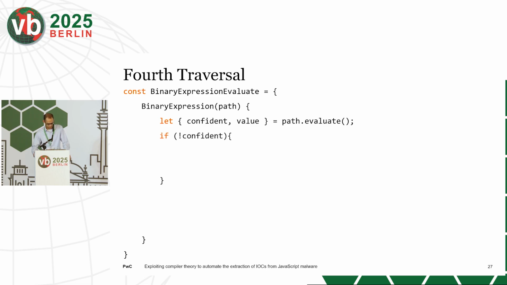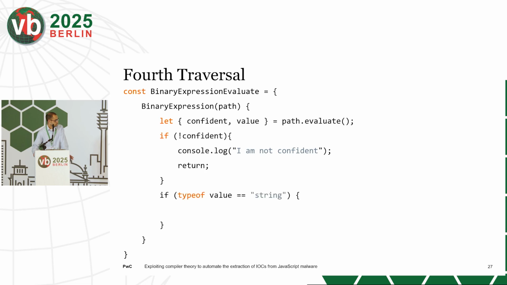If it's not confident, we don't want to replace the value, and we want to log an informative error message. If it is confident and the value returned is a string, we again use the types package from Babel, but this time to create a string literal that we replace it with.